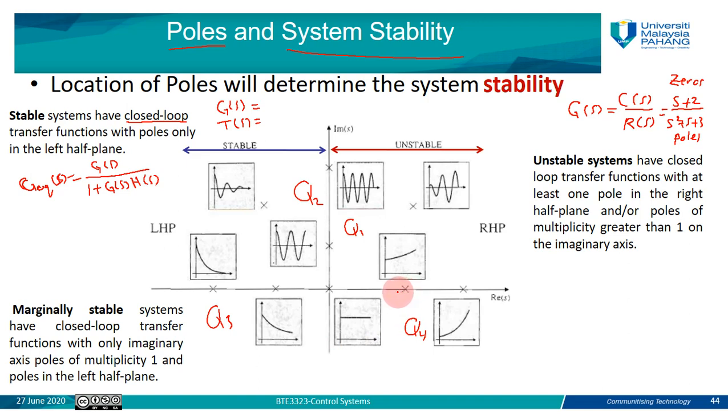The place of the poles defined in this S-plane will decide if our system is stable or not. For example, if you have two poles, S equal to positive 1 and S equal to positive 2, the poles will be located on positive 1 and positive 2, correct?